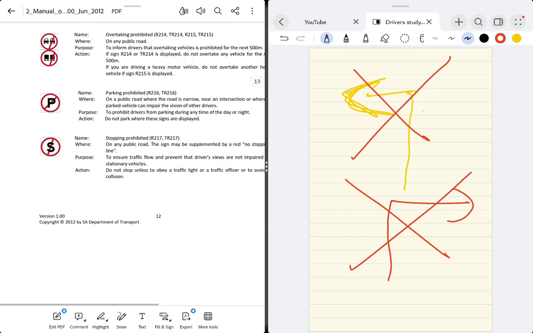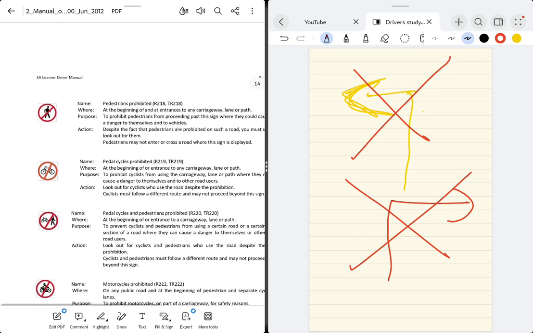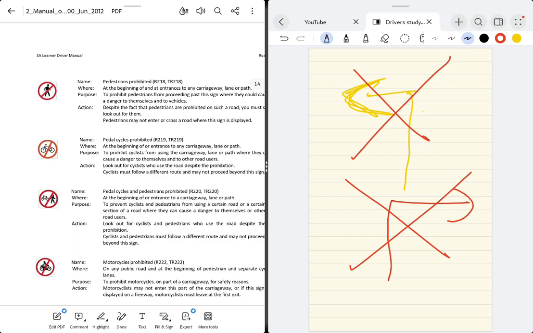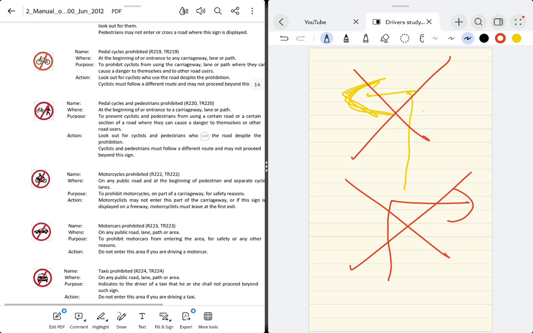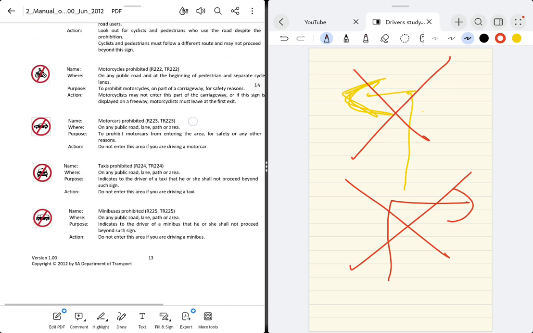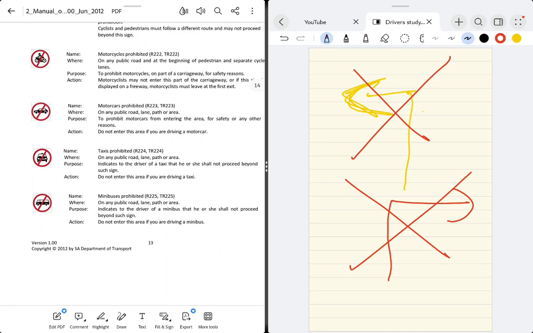Parking, prohibited. Stop, prohibited. Pedestrians, prohibited. Pedal cycles, prohibited. Pedal cycles and pedestrians, prohibited. Motorcycles, prohibited. Motor cars, prohibited. Taxis, look at the little hooter thingy on top, prohibited. Minibuses, prohibited.